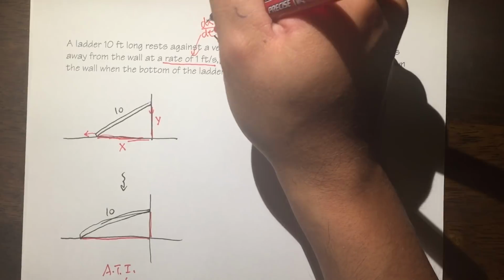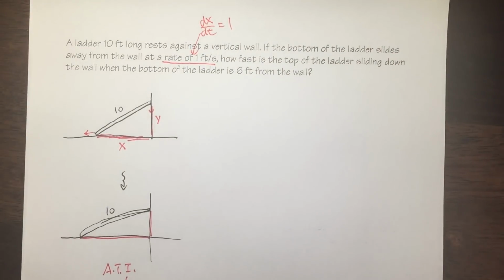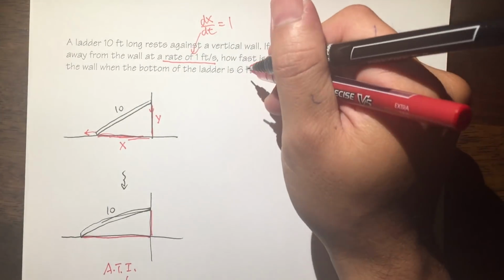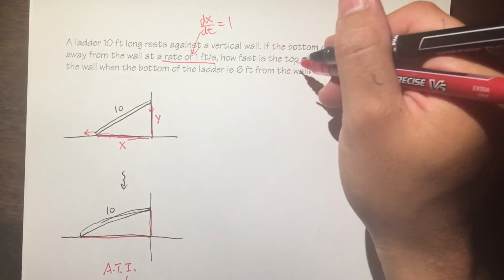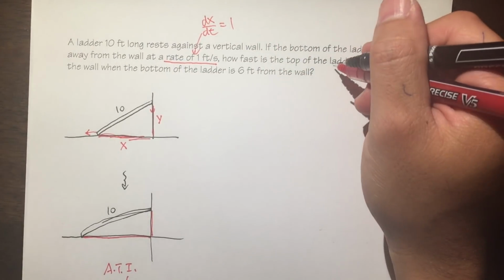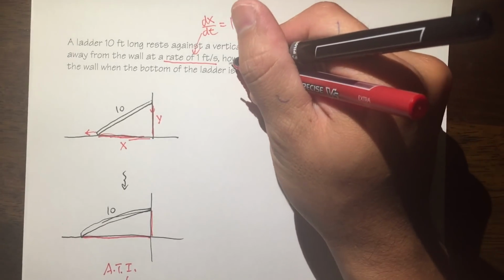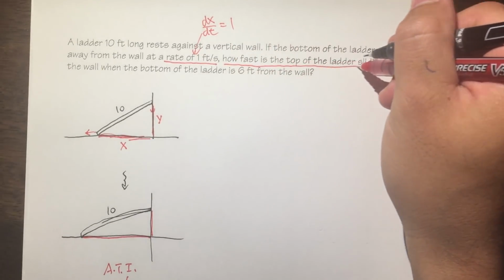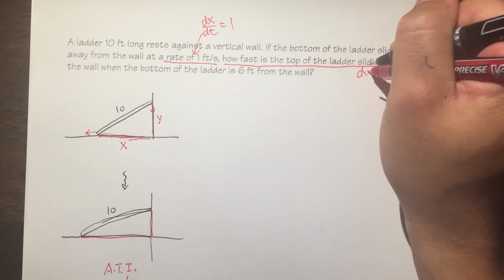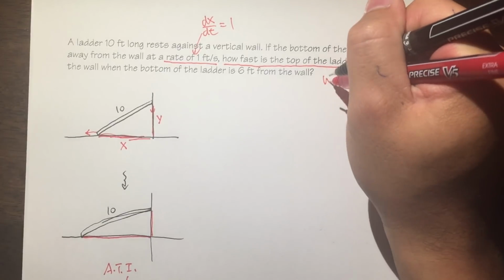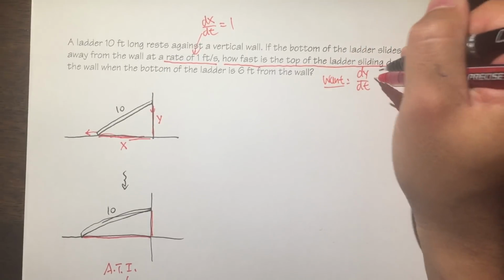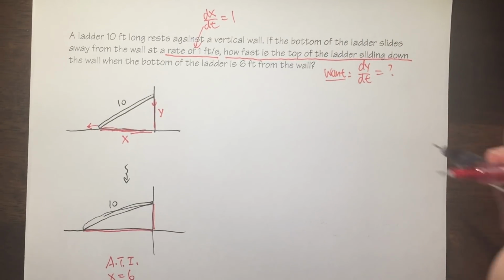Good. dx/dt equals 1, right? And the question is asking us how fast is the top of the ladder sliding down. So let me just write this down right here. How fast is also asking for the rate. And in our labeling, we want to know dy/dt. Okay? So that's pretty much the information.